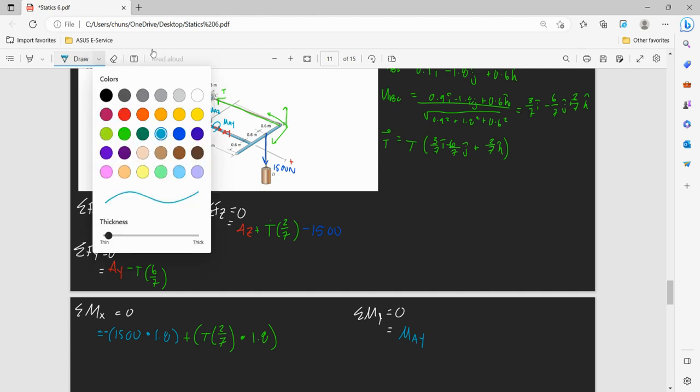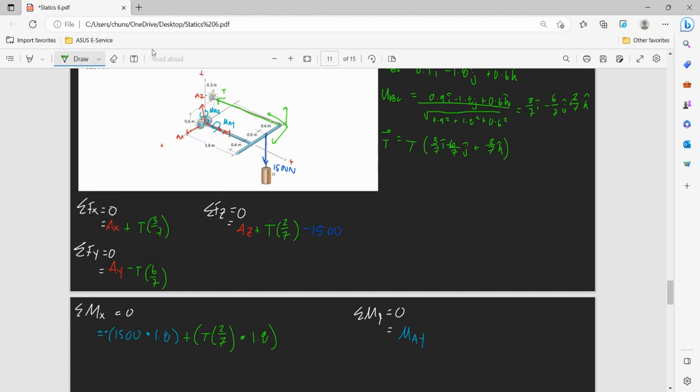We cannot use our tension y because it's parallel, and we can't use our tension x because it would be going through the y-axis. So we can use our weight, and we can use its distance from the y-axis, which is 0.6 in our x direction. So this is 0.6.